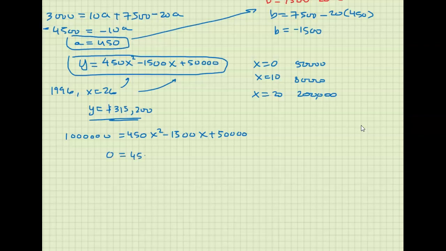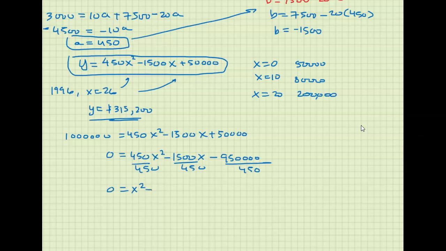So 0 is 450x squared minus 1,500x minus 50,000 minus a million, which is negative 950,000. I'm going to divide everything by 450 to make my numbers smaller.